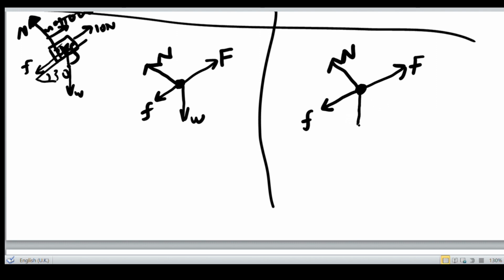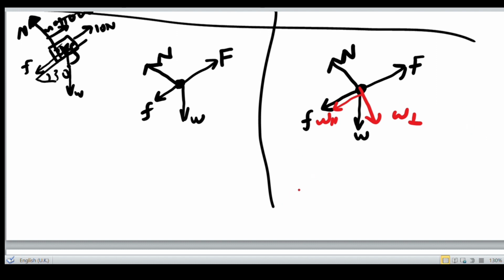Fg. Now that it is an incline, you must know that there are components of the weight. So we have the weight that is perpendicular to the surface, weight perpendicular. We have a weight that is parallel to the surface, weight parallel.